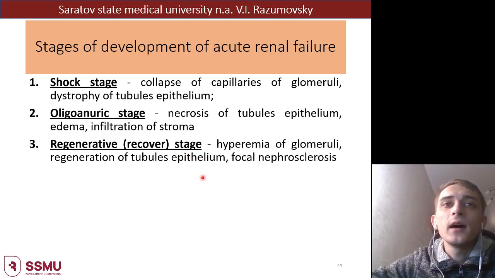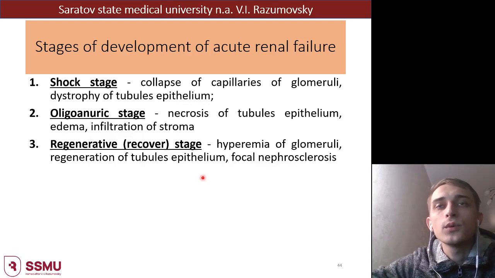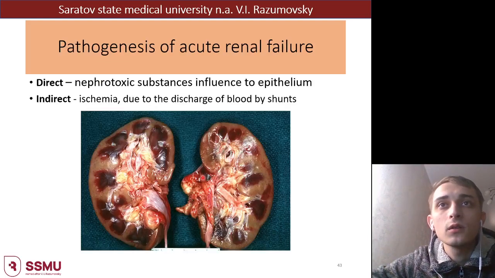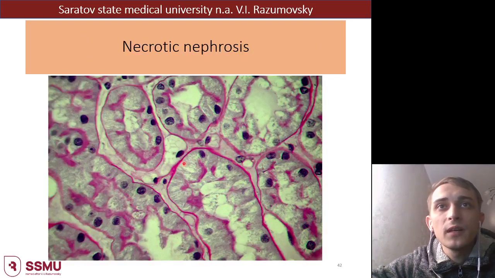The outcomes of acute renal failure or shock kidney will be associated with the duration of the process and the condition of the basal membrane. This basal membrane is the place on which all epithelium of kidney tubes is localized, and if we see rupture of it, it means that recovery is impossible.